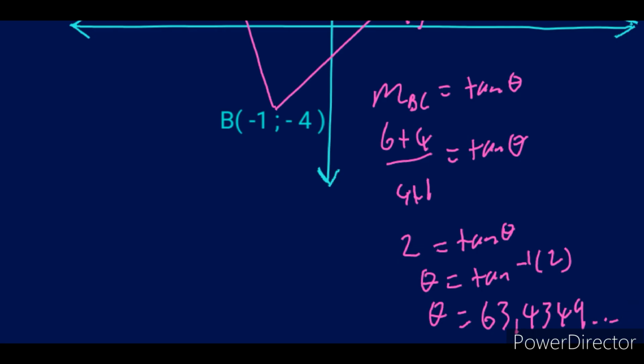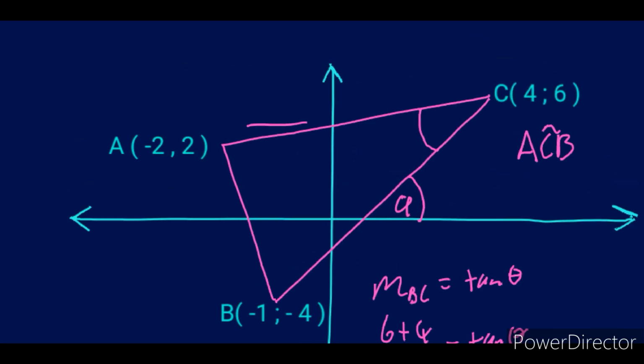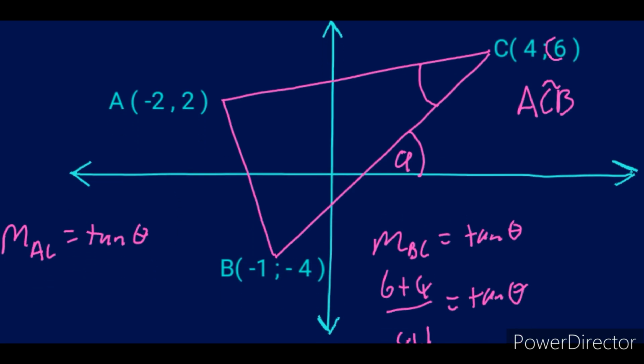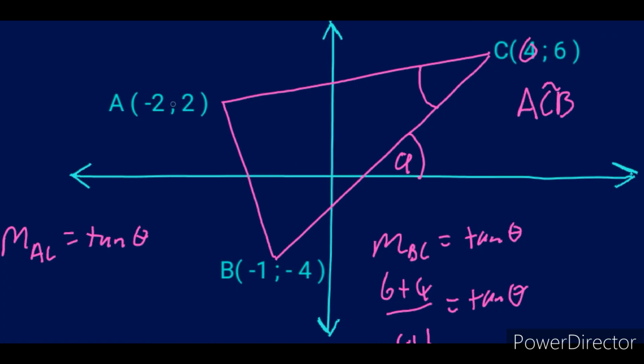Alright, let's see what the other angle of inclination gives us. We've already solved it before. So let's find the angle of inclination of AC, which equals tan theta. So it's going to be 6 minus 2, which is 4, over 4 plus 2, because it's 4 minus negative 2, which is going to be 6.